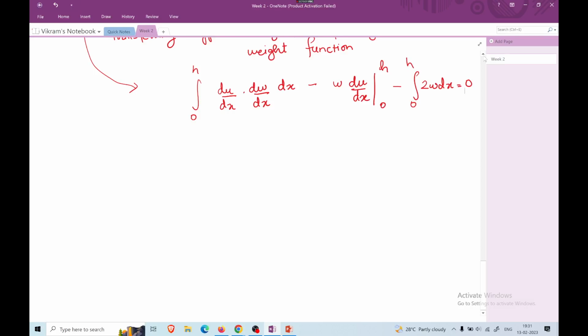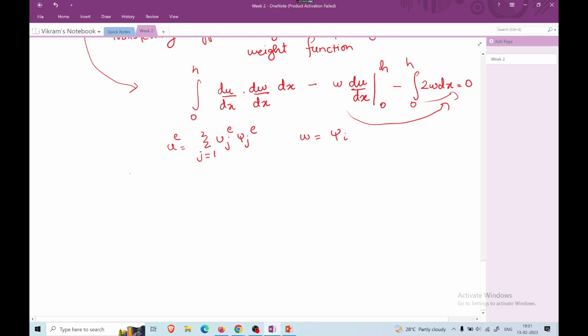Yeah, fine. So now, for u and w, we just saw u is equal to summation j equal to 1 to 2 uj psi j, and w is nothing but psi i. If we substitute in this, I will take this to the right hand side.